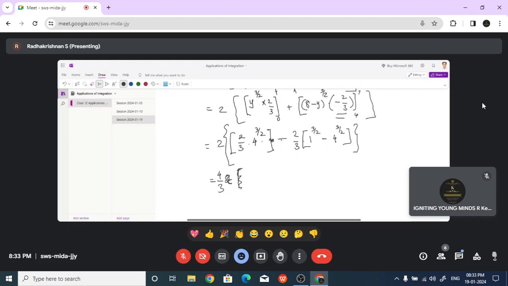So what is 4 power 3 by 2? 8. Right? 4 power 3 by 2, we know it is 8. 4 cube, 64, square root of 64. So here we have taken out the 2 by 3. So this minus 1 power 3 by 2 minus 4 power 3 by 2.